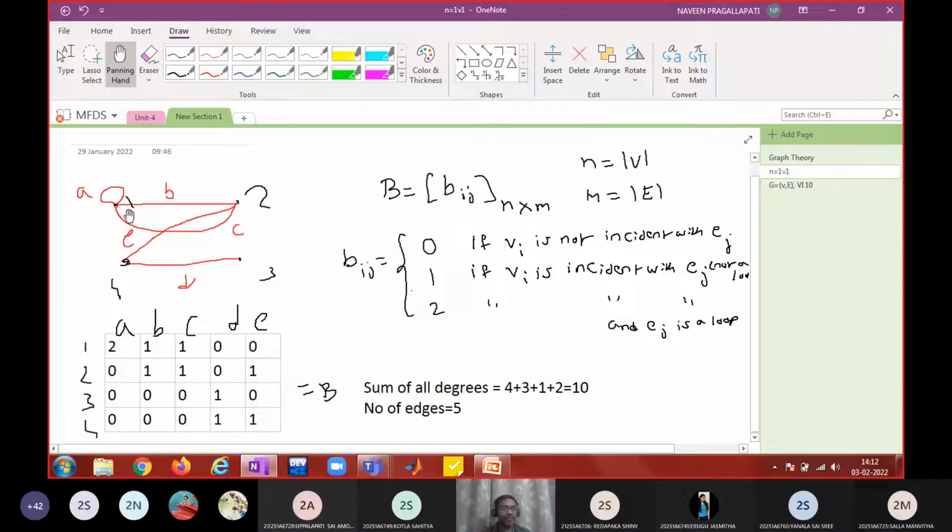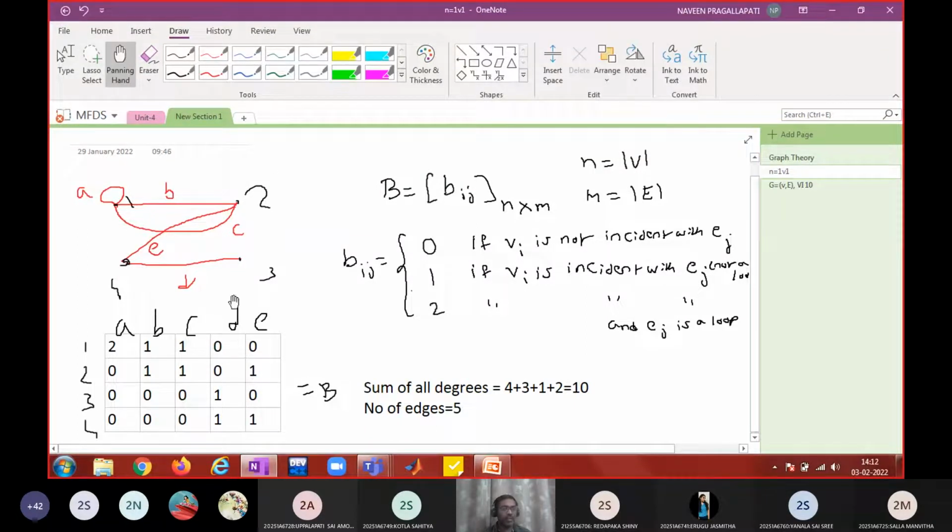Vertex 1 is not incident with D, therefore it is 0. Vertex 1 is not incident with E, the edge connecting 2 and 4, so that is also 0.